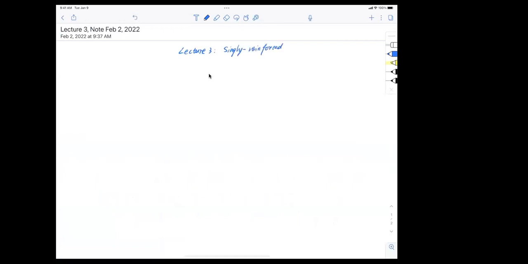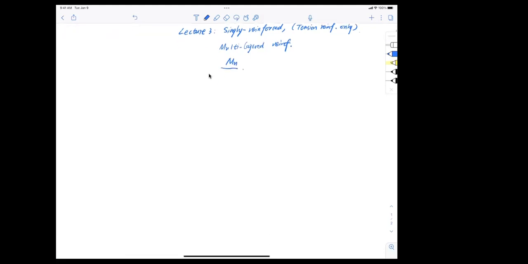This single is different from the other single. This single means only tension reinforcement, and multi-layered reinforcement. So that is trying to find M for this case. Take a look. I have a section like this.